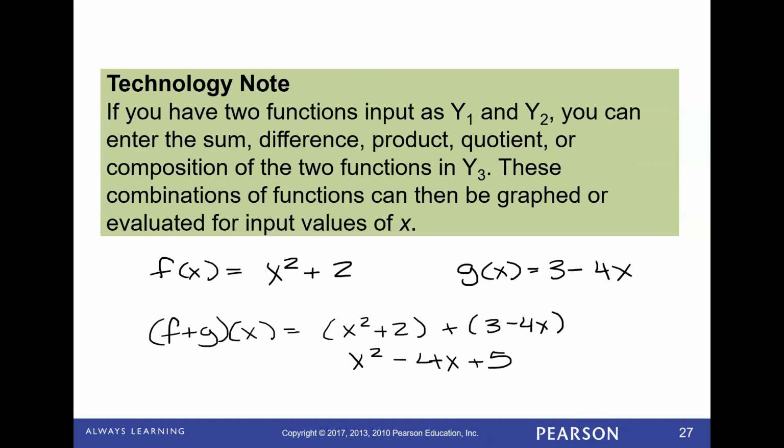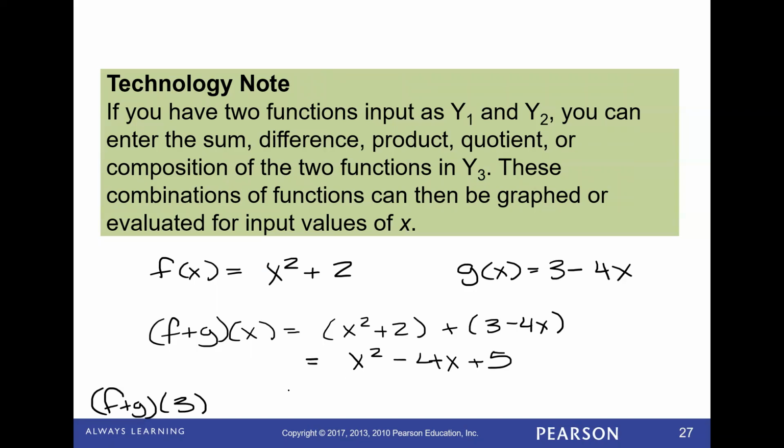Okay. Now, yes, you can use the calculator to input different x values to get that way. Again, I do strongly just recommend to do this by hand. It's not necessarily easier by calculator. It's way more work. So if I were to say, well, what is f plus g evaluated at, say, 3 here?